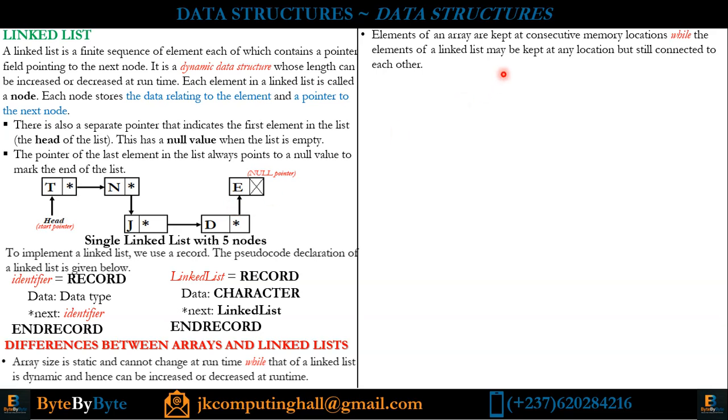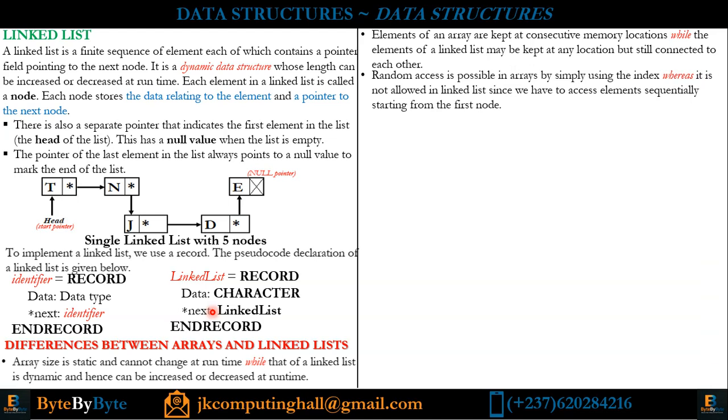So the elements of an array are kept in consecutive memory locations, while those of a linked list could be kept at consecutive memory locations or at any location, but they are still connected. That is the use of this pointer. The next difference, random access is possible in arrays by simply using the index, whereas it is not allowed in linked lists since we have to access elements sequentially starting from the first node.